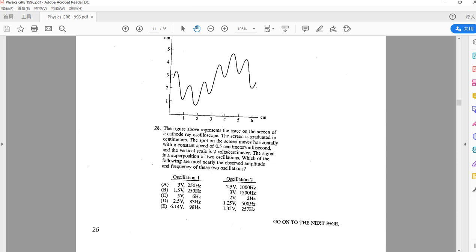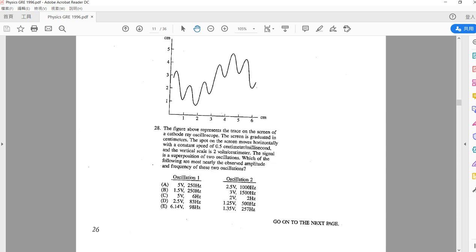Suppose you have sine omega 1 t plus sine omega 2 t, then you will get 2 times cosine of (omega 1 minus omega 2) t over 2, times sine of (omega 1 plus omega 2) t over 2. This is all you have, right?